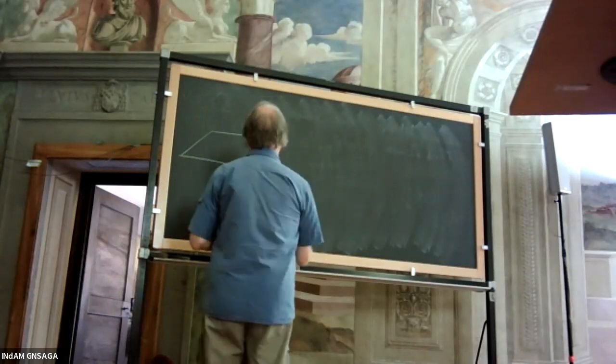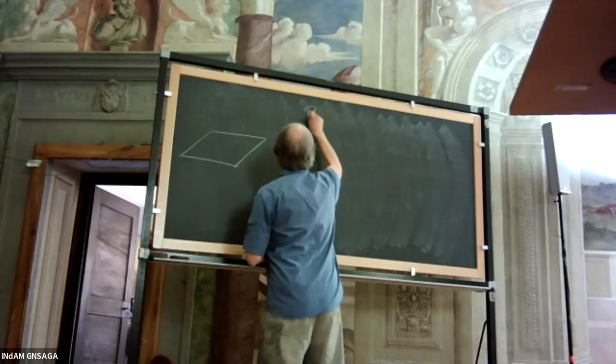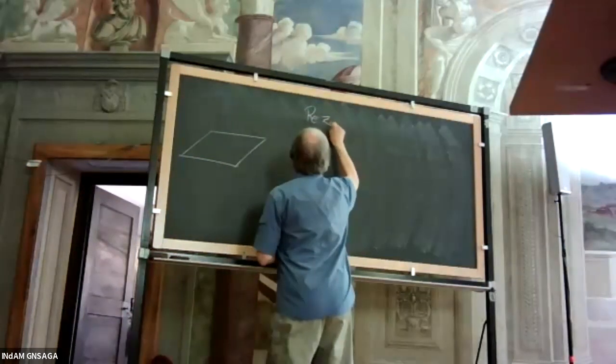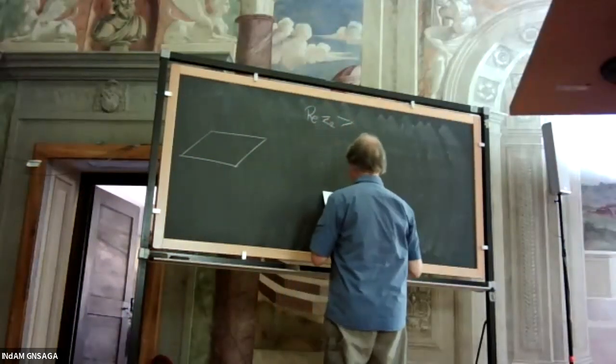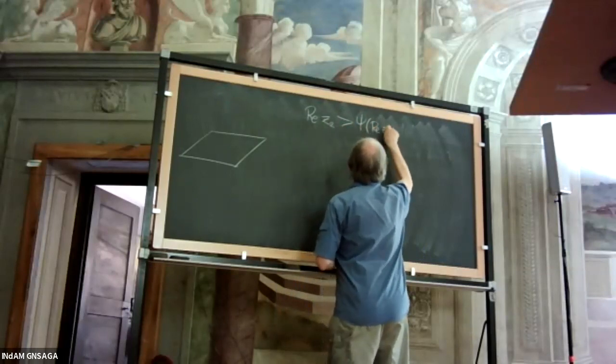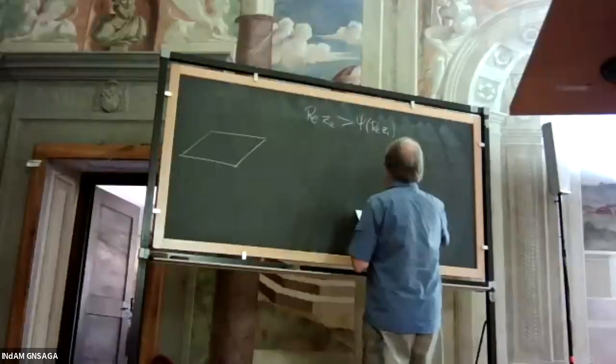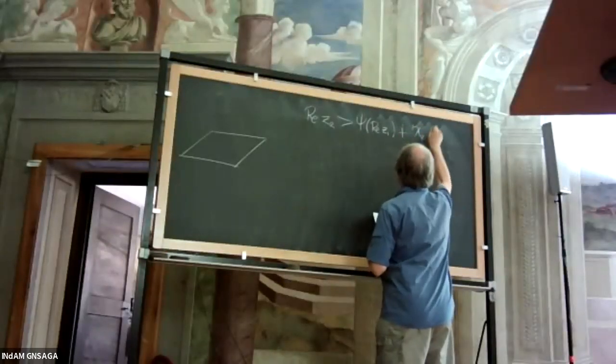So let me just take very simple local models. One has to choose coordinates. So how do you choose coordinates? There will be the original form plus more stuff.